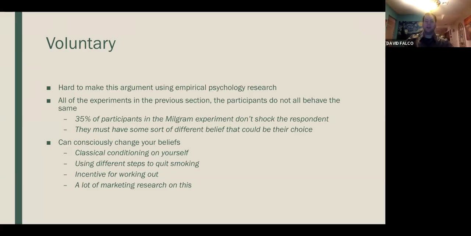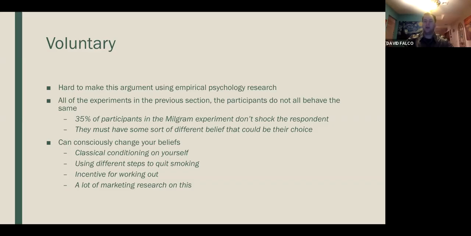You can also voluntarily change your own beliefs. There's a lot of research on classically conditioning yourself to make yourself do a lot more healthy behaviors. Especially a lot of modern psychology research has really focused on different ways that you can use psychology tips and tricks to kind of help yourself.